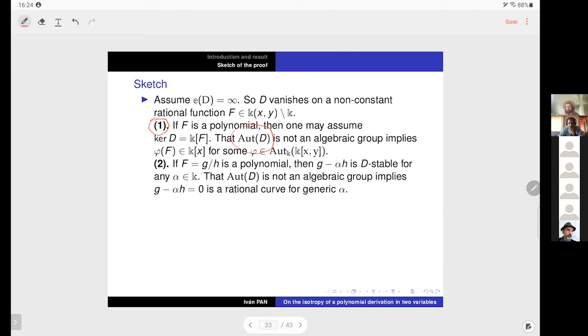This isomorphism stabilizes this polynomial, and then one needs to do some calculation in order to verify that in fact the only possibility is that the derivation is locally nilpotent. The second case is more difficult, in fact, but one needs to use birational geometry.